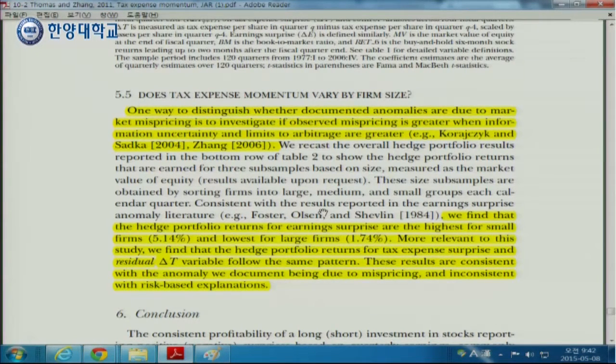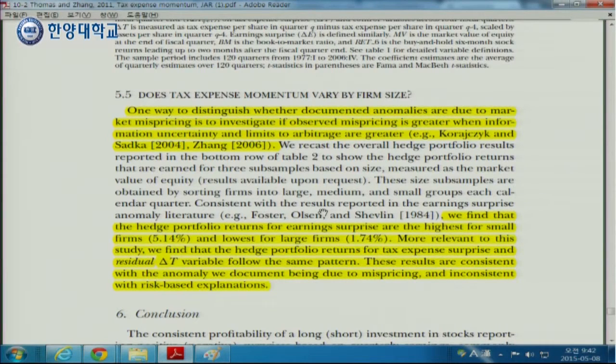In small firms, today's tax expense surprise predicts even higher future stock returns. And if a firm is big, today's earnings surprise still predicts tomorrow's stock return, tomorrow's stock price, but the relationship is weaker.